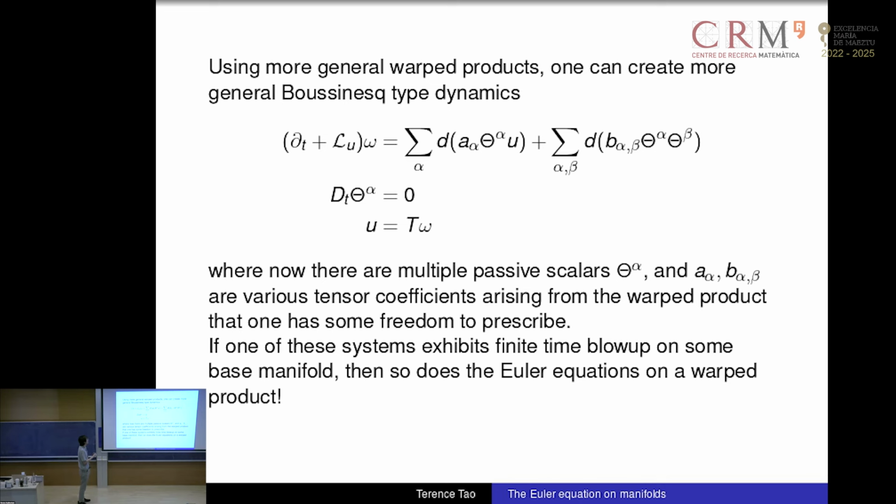So the normal equation is, and velocity, but now you can add some quadratic terms to the right hand side, where the quadratic terms involve, if you like, and you can pretty much prescribe quite a general class of nonlinearities here. So you can basically create arbitrary Boussinesq type equations.